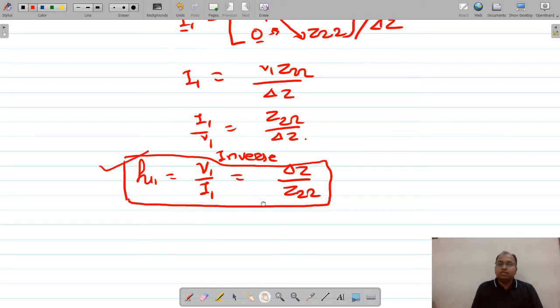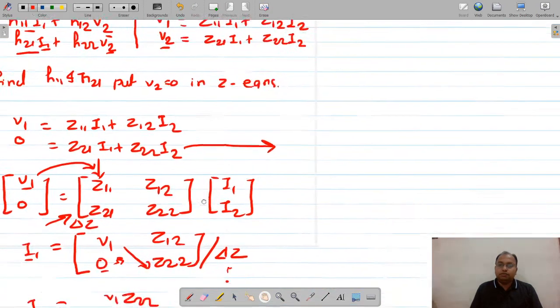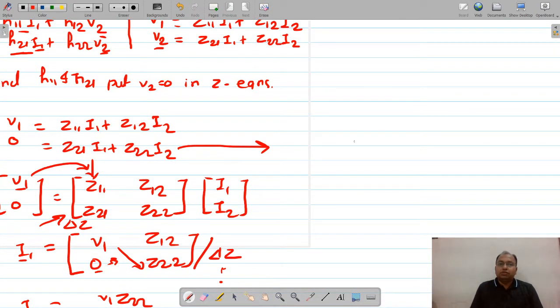Now the next thing, let us find h21. h21 is nothing but the ratio of I2 divided by I1. If I modify this particular equation, can I get the ratio of I2 and I1? Yes, I can. So let us transfer the I2 term to the left hand side: minus z22 I2 equals z21 I1.